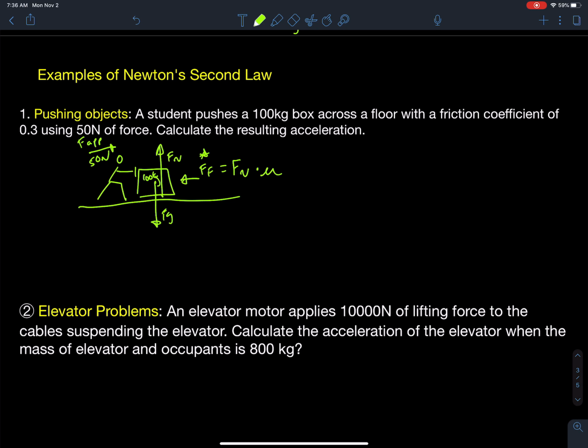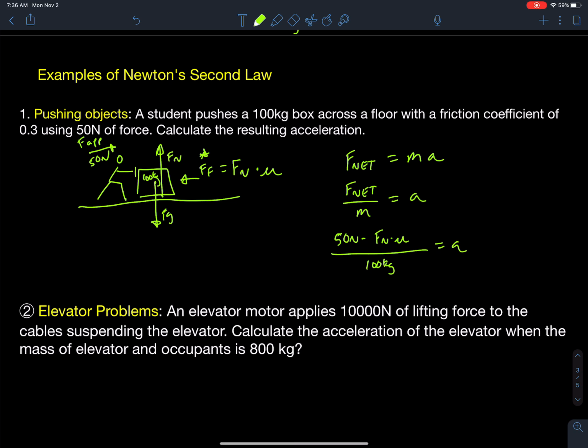So in order to find the acceleration, I need to use this formula: F net divided by the mass is equal to my acceleration. How do we go about doing that? Well, F net is going to be 50 newtons minus my frictional force, which is going to be Fn times mu, divided by 100 kilograms.